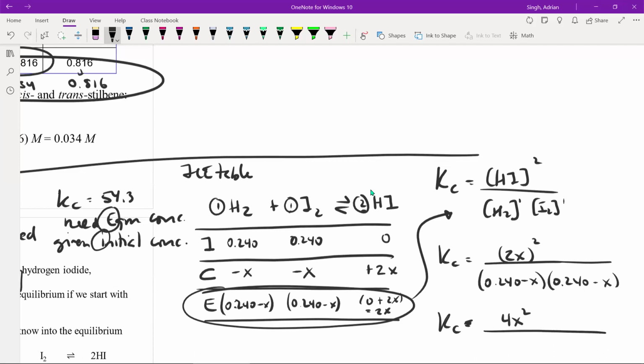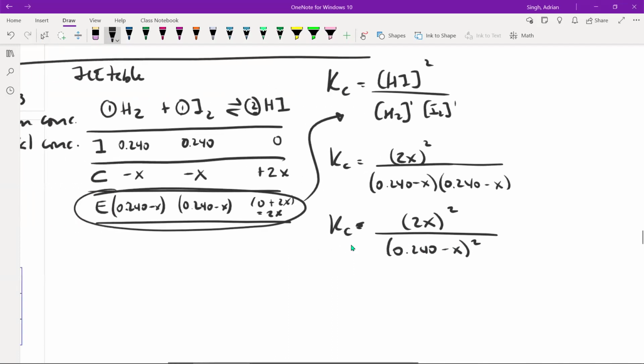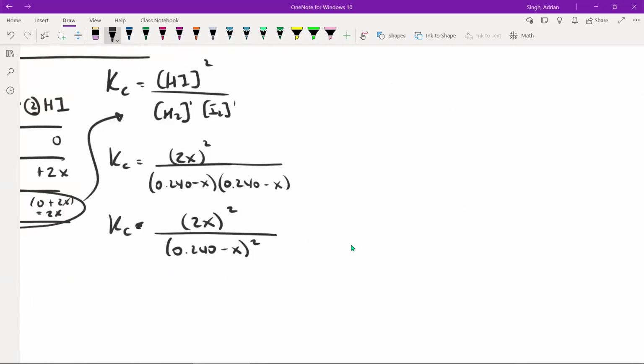In the denominator, this is the same as saying 0.240 minus x squared. I'm actually going to leave the numerator as it is, not simplify it, and we'll see why in a second. So 2x squared, and our Kc value was given as 54.3. Okay, so we know what that is.